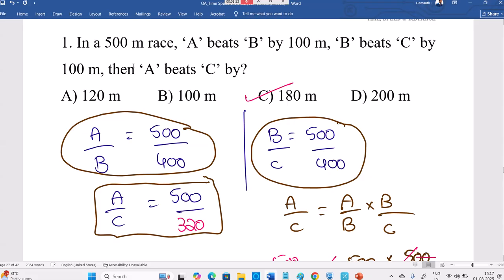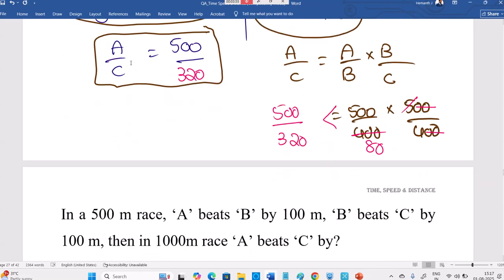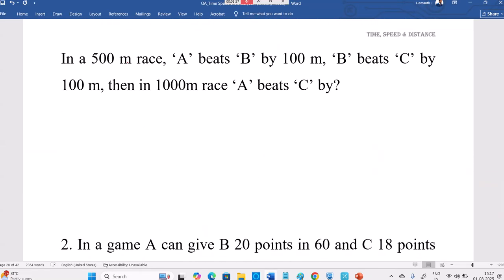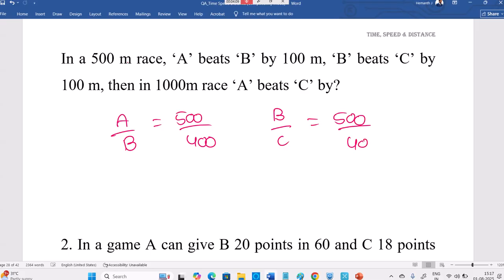Here, it is common to everything. A beats B by 100. As you mentioned, A by B is 500 divided by 400. B beats C, so B by C is also 500 divided by 400. Now what is expected is 1000 divided by something. What is the denominator?